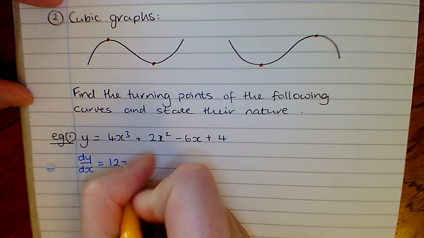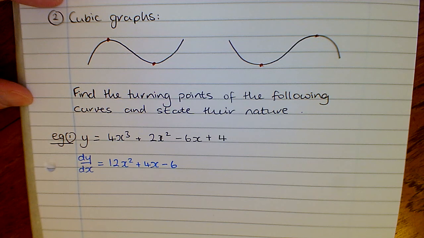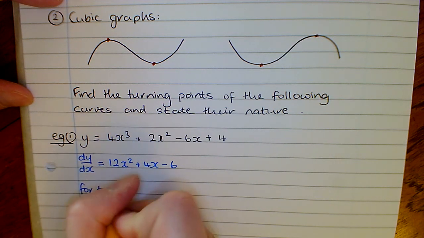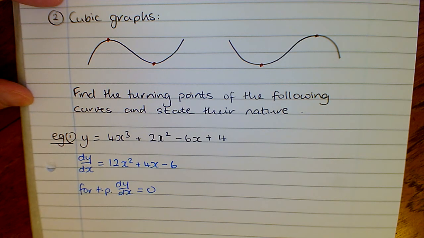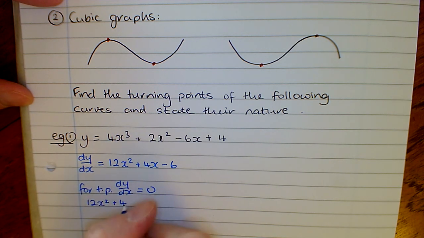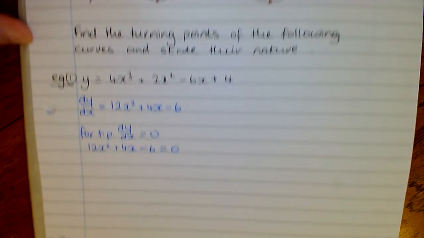So we get 12x squared plus 4x minus 6. And then we say, for turning points, dy by dx equals 0. So we have 12x squared plus 4x minus 6 equals 0.